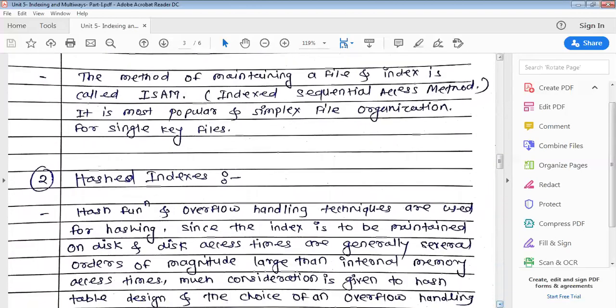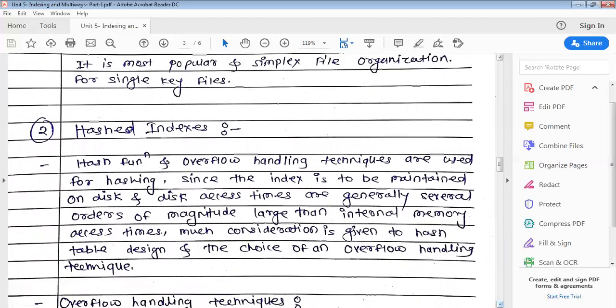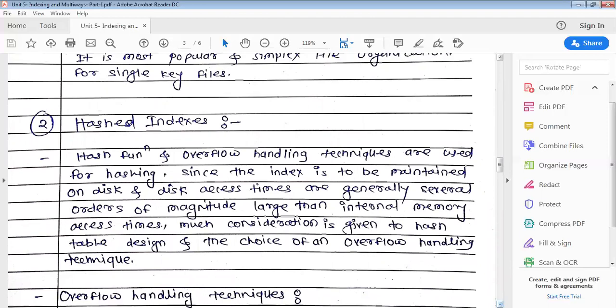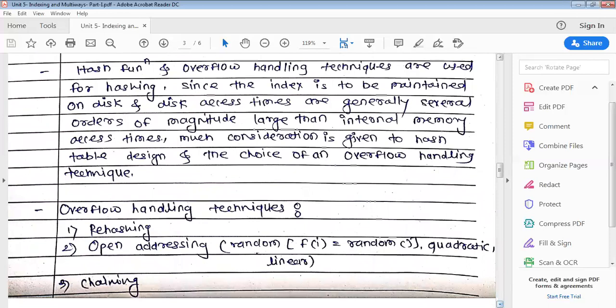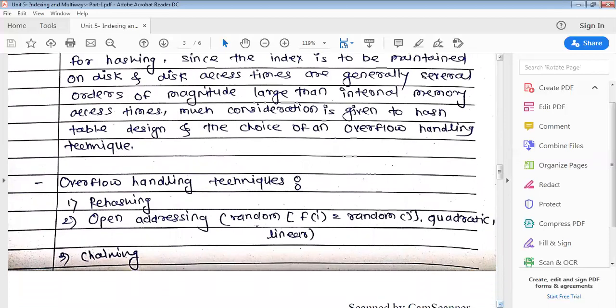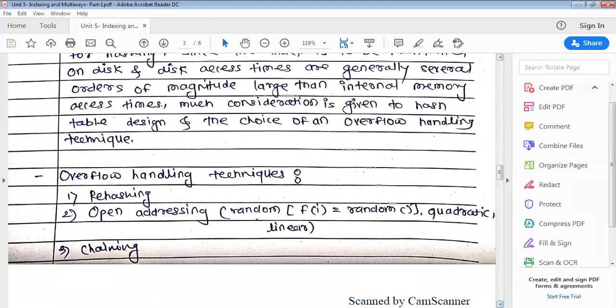The second type is the hash index. The hash index was already discussed in the previous unit on hash tables, and it is the same as the hash table techniques. There are again techniques regarding hashing: rehashing, open addressing, and chaining, which were already discussed in the previous unit.